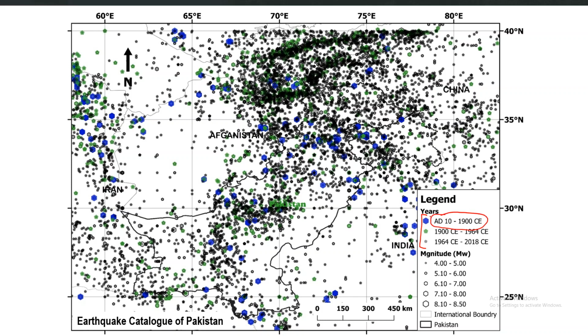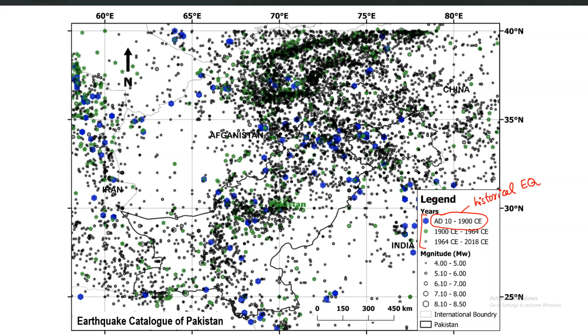So all of the blue marks are historical earthquakes, not from instrumental data. Their information is only gathered from historical accounts in different texts or literature available.